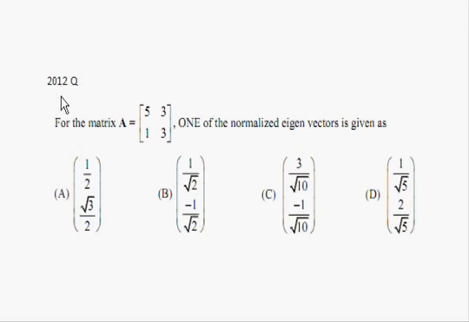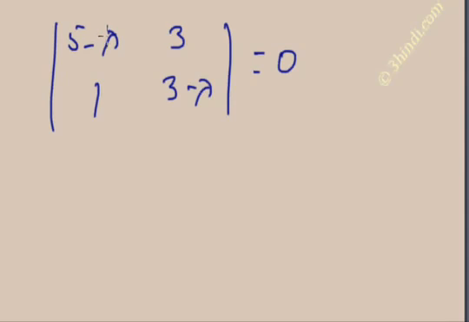This is the 2012 question for the matrix A. One of the normalized eigenvectors is given as this. So here again the question is about eigenvectors. To find the eigenvector, you first need to find the eigenvalues. It is a 2 by 2 matrix, so the number of eigenvalues is 2, and the procedure is the same. Put lambda in the diagonal elements and determinant is equal to 0.